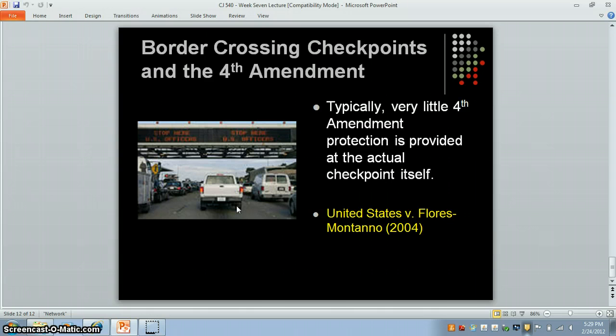Though Professors Walker and Hemmons do not mention explicitly the case of United States versus Flores-Montano, I should say, this ruling granted police authority to conduct suspicionless inspections of vehicles at the border checkpoints. In fact, in this case, the court even ruled that it was okay for officials to disassemble the tank of a motor vehicle without a warrant.